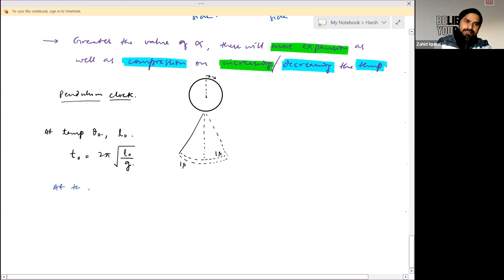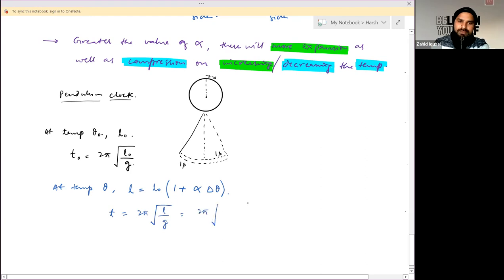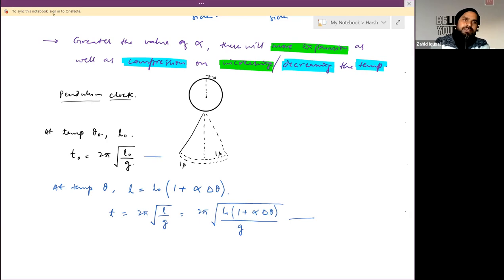Let's say at temperature theta, length will become L naught times 1 plus alpha times change in temperature delta theta. So time period will be 2 pi root under L by g. On putting the value of L, you will get root under L naught times 1 plus alpha delta theta divided by gravity. This is your final time at temperature theta, and this is the initial at temperature theta naught.